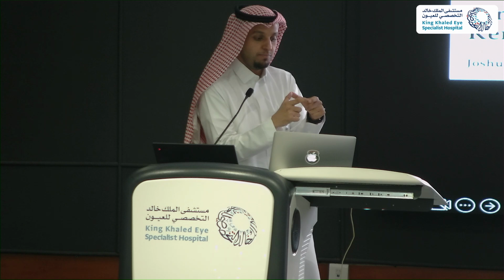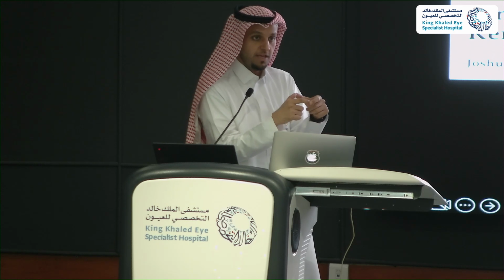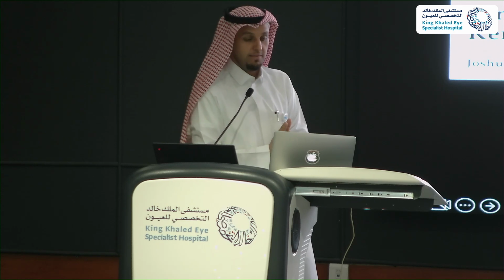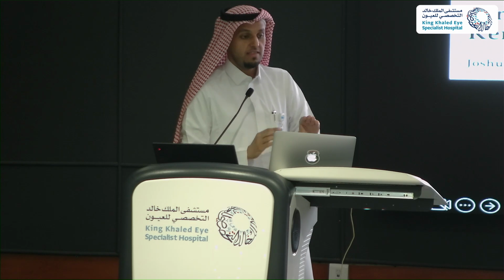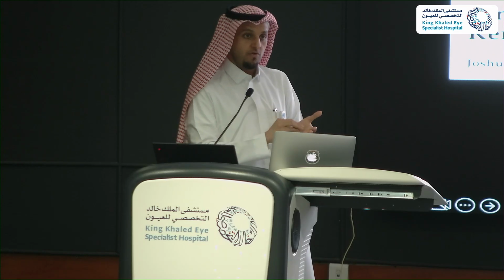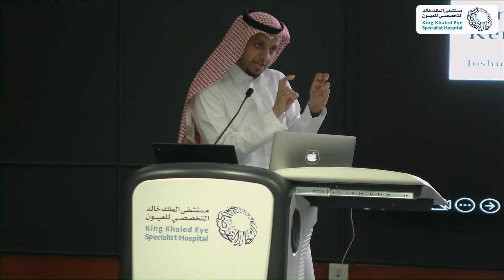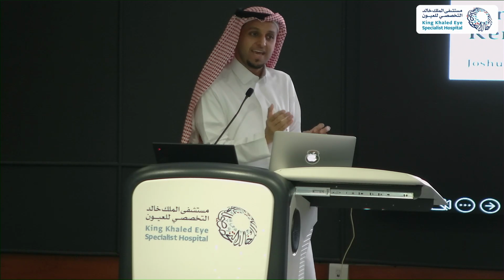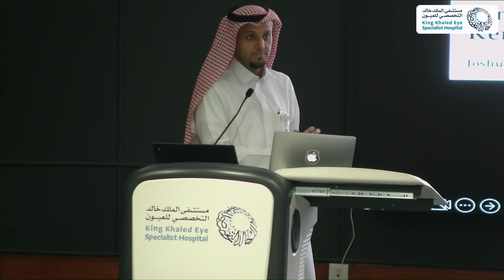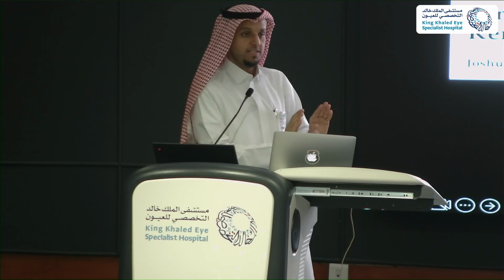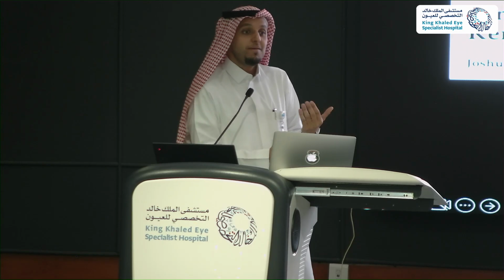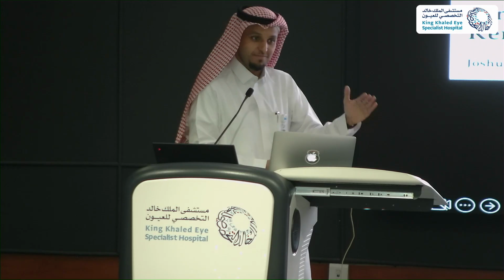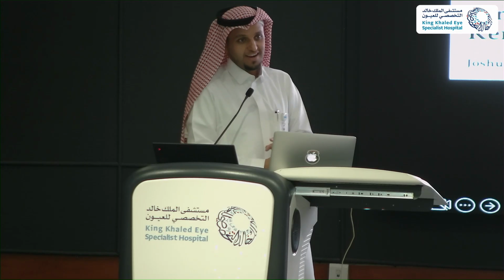So the posterior clearance is 6 millimeters and your anterior graft is 9 millimeters. And Buzin showed a study that the outcome of converted mushroom shape DALK into PK is better than other cases. So this does not preclude you from doing a large diameter. Maybe this is an option to revisit the big bubble with the large diameter.